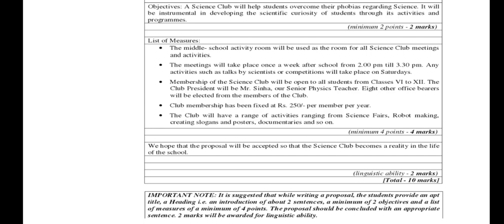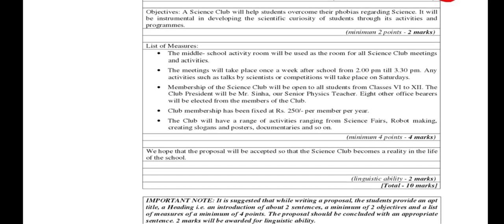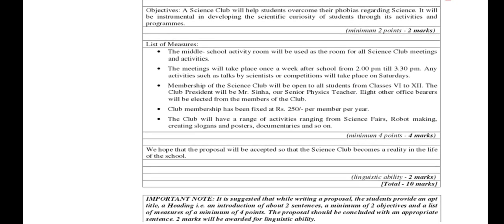The objective says a science club will help students overcome their phobias regarding science. It will be instrumental in developing the scientific curiosity of students through its activities and programs. It means we are developing a science club so that children of the school can overcome their phobia of science.